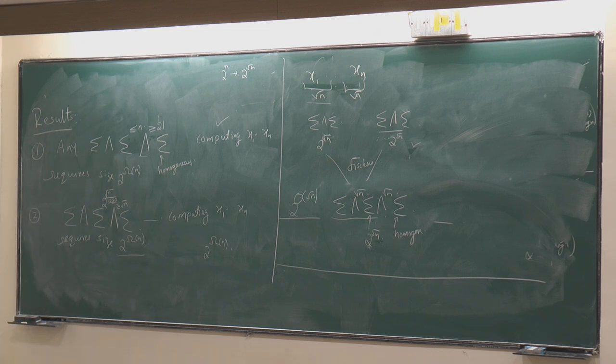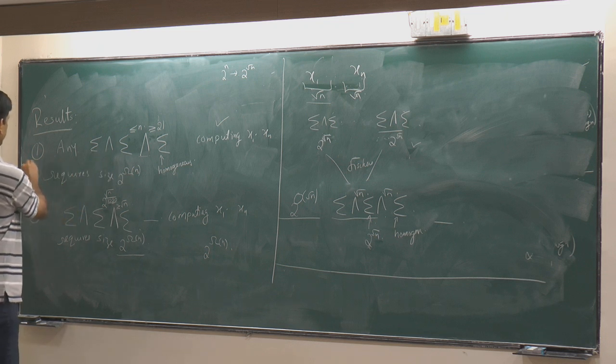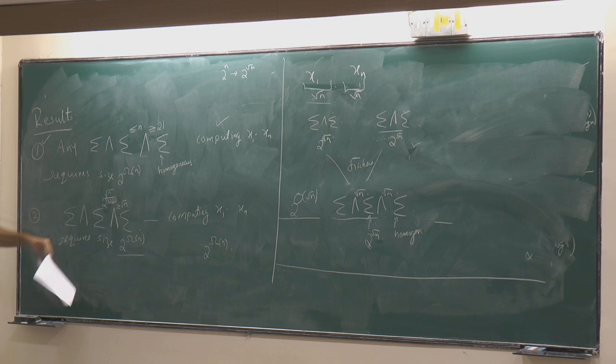For the rest of the talk, I'll just focus on proving the first result. In fact, the second result follows immediately from the observations or the approach that we take for the first result. So I'll skip that portion.